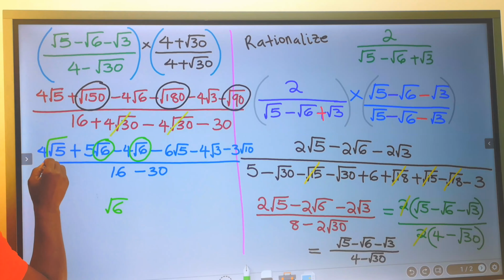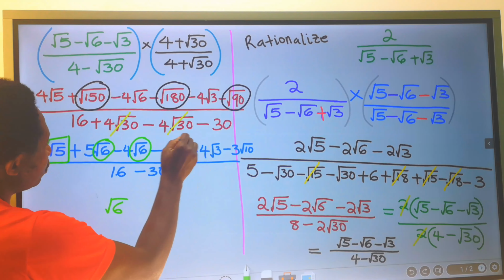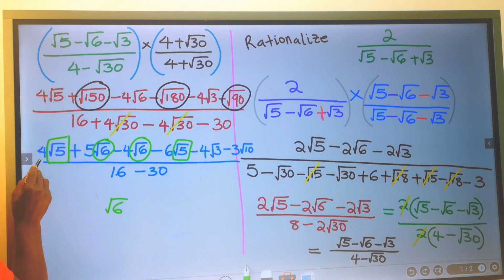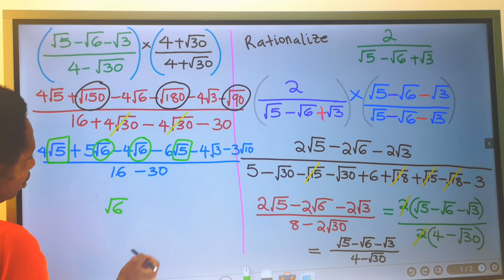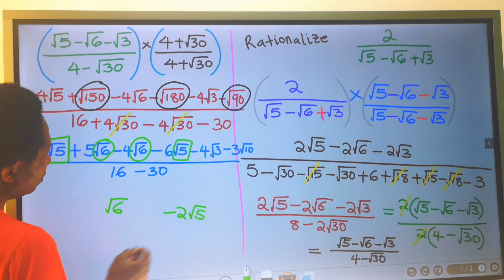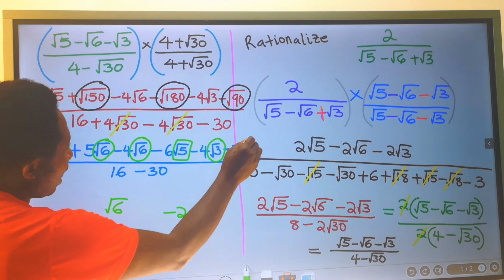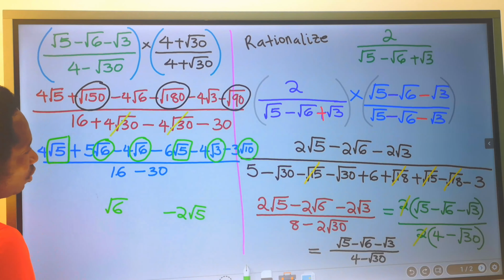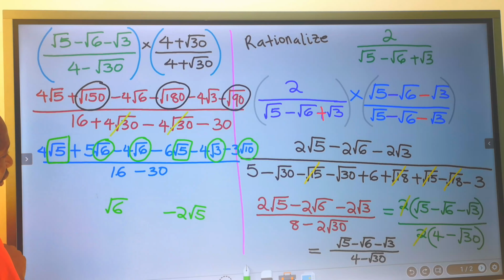Likewise, this is root 5, and this is also root 5. 4 mangoes minus 6 mangoes. We're going to have minus 2 mangoes. Root 3 is a separate entity, and root 10 is also a separate entity. We cannot add them to this. I'm going to use this to simplify this expression.